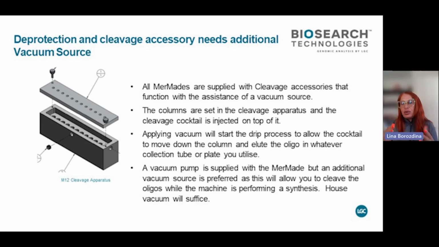After that, you would want to incubate it either on the benchtop or in the oven, from overnight to 2 hours, at different temperatures. Again, for each type of chemistry there is a suggested procedure to make sure that everything works, you remove all the protecting groups, and you have a nice cleavage off the support.